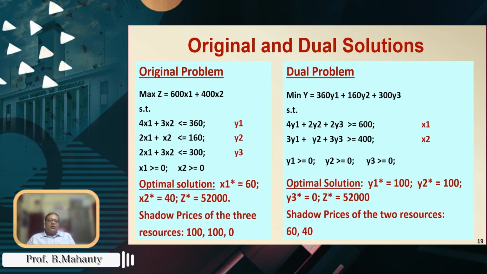For example, in the transportation problem, you might have heard about the ui and vj of the MODI method. Those are the ui's and vj's which are useful in the transportation problem for calculation of Cij minus Zij values. They are nothing but the dual solutions of the original transportation problems.